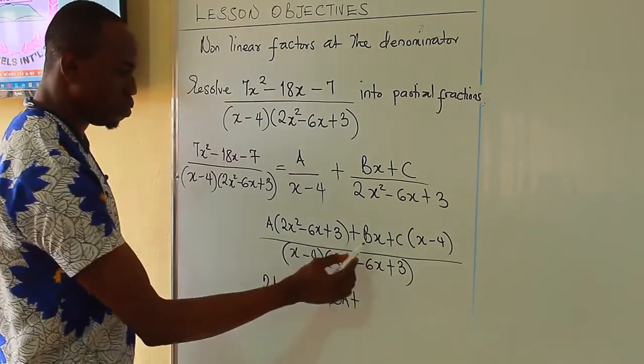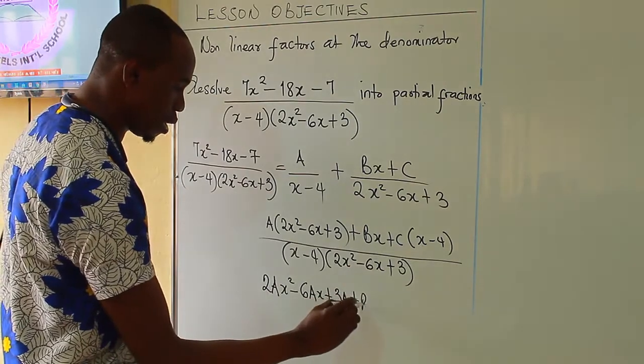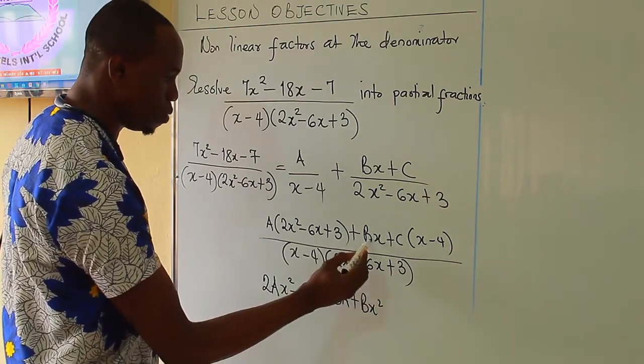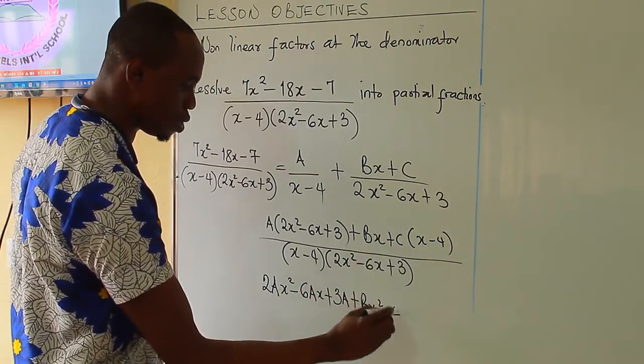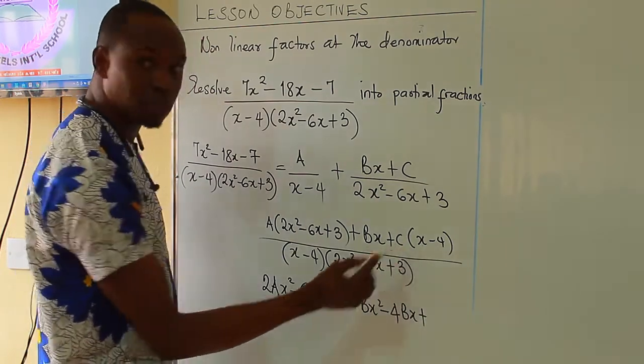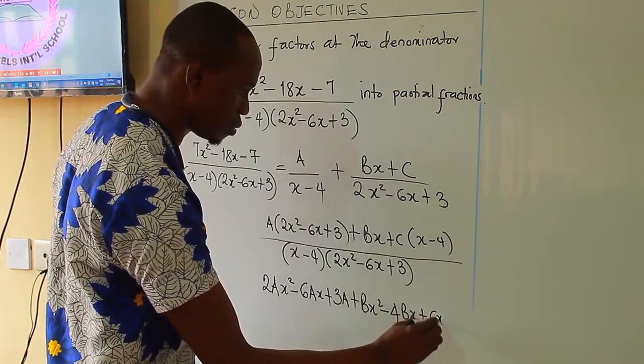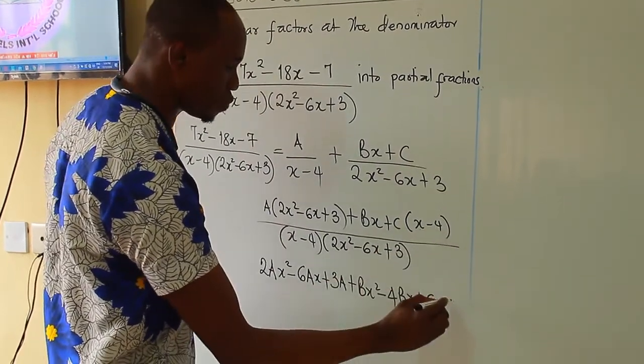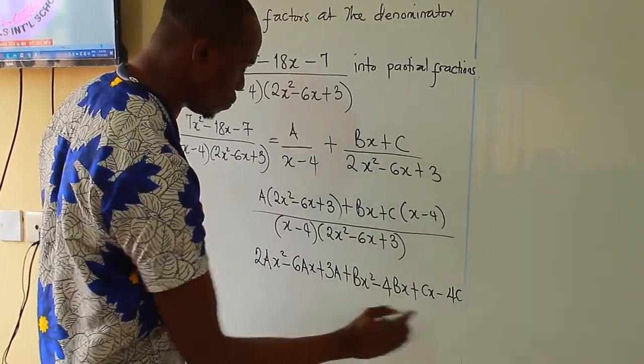plus bx times x will give me bx squared. Bx times minus 4 will give me minus 4bx, plus c times x will give me cx, and then c times minus 4 will give me minus 4c.